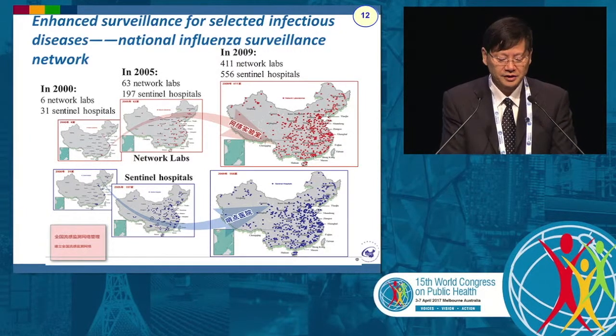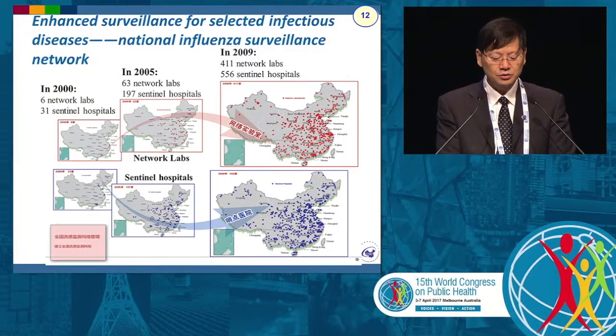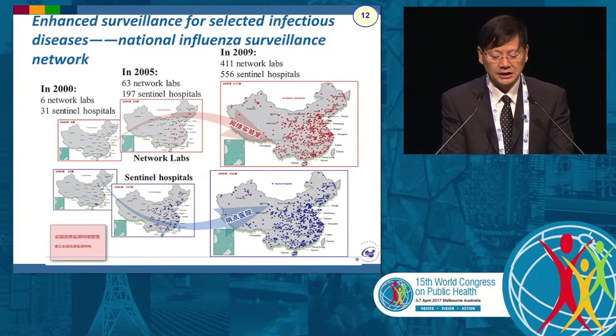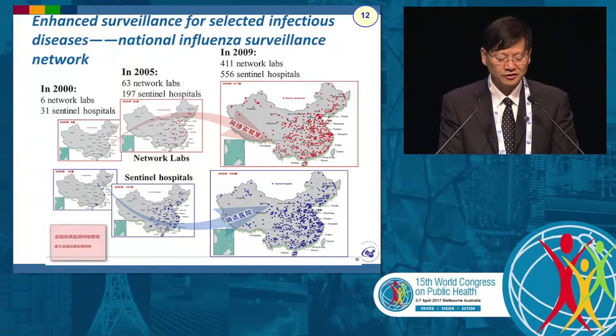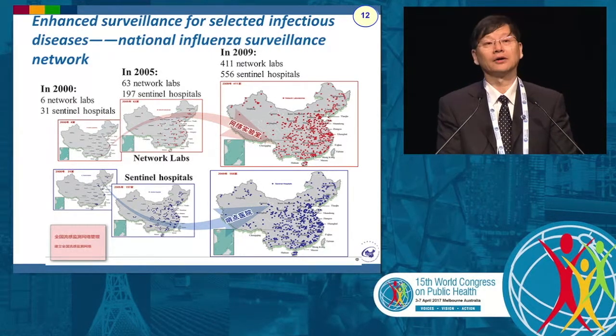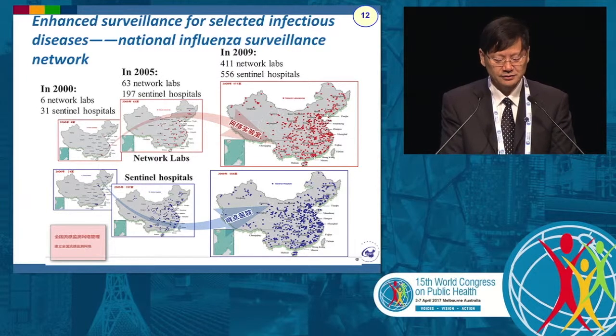The National Influenza Surveillance Network, for example, is included in this enhanced surveillance system, which actively conducts influenza-like illness, ILI, and influenza virus surveillance.